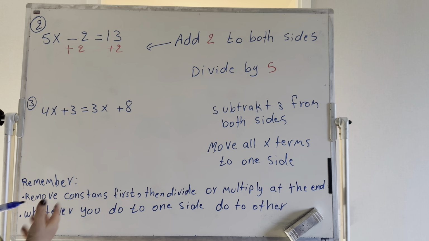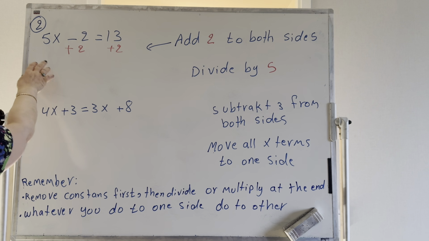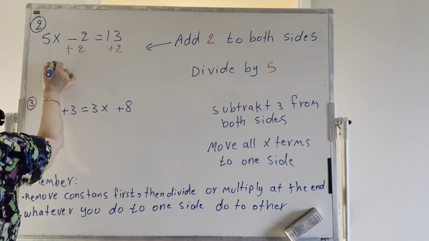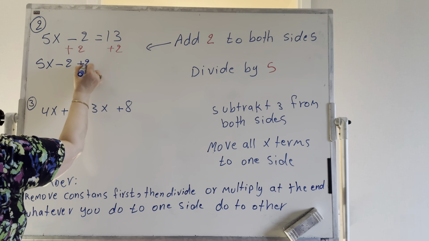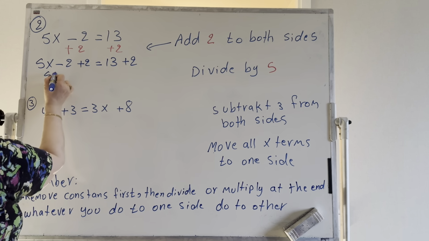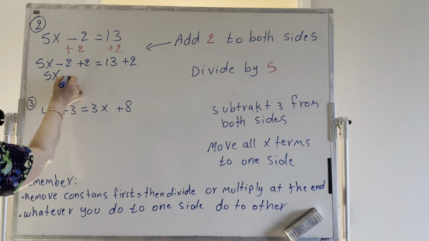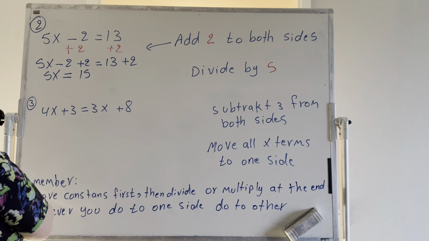Because I want to go step by step, I want x alone on one side. 5x minus 2 plus 2 equals 13 plus 2. Minus 2 plus 2 equals 0, so the right side is 13 plus 2, which equals 15.